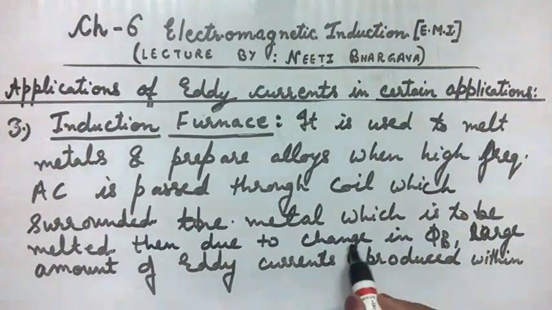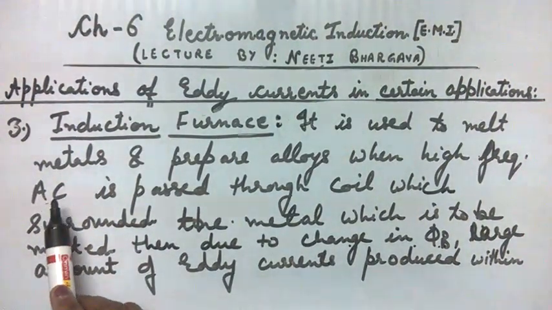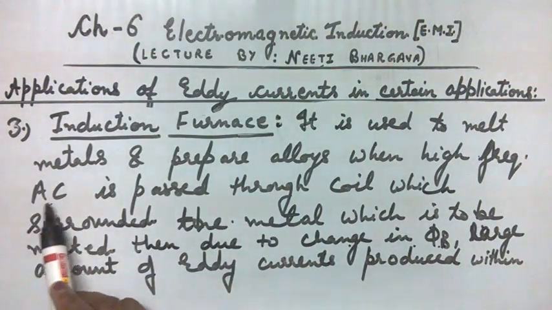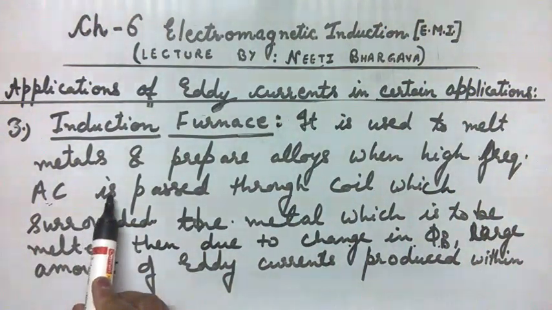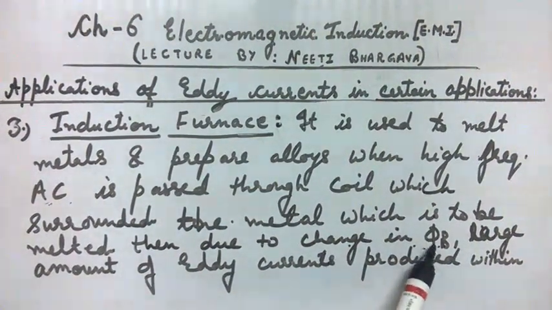Why is there a change in magnetic flux? Because we are using high frequency AC. Because of the high frequency AC, there is a time varying magnetic field, and as there is a time varying magnetic field, there is a time varying change in magnetic flux.